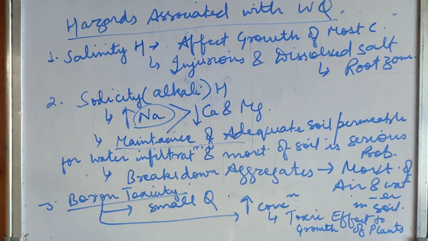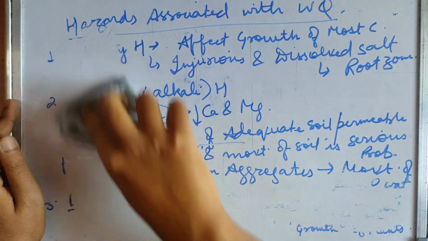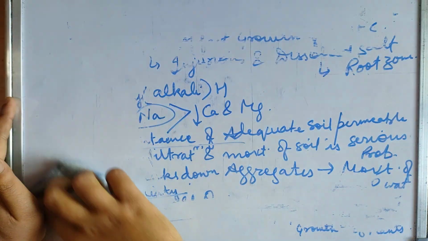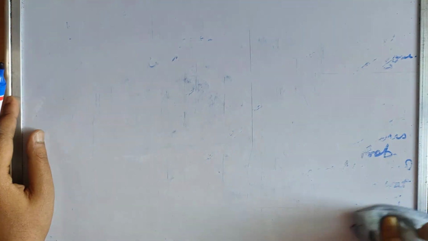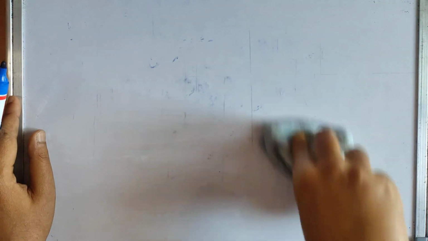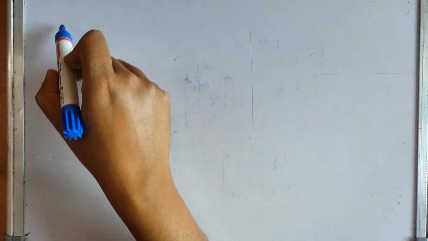Now moving on, what is the significance of irrigation water quality and rainwater harvesting for crop production? This was asked in UPSC in previous years, so you must know this.